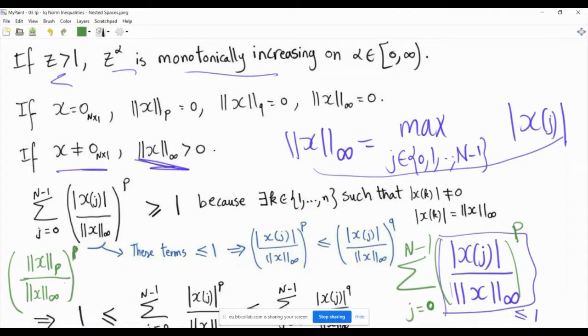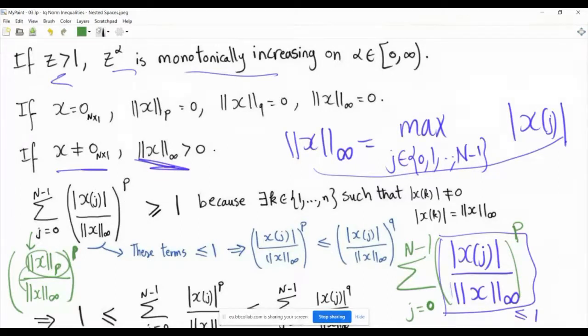So this is the summation written in norm form. It's the LP norm divided by the L infinity norm, raised to the power p, and this is greater than or equal to 1. And why is this the case?